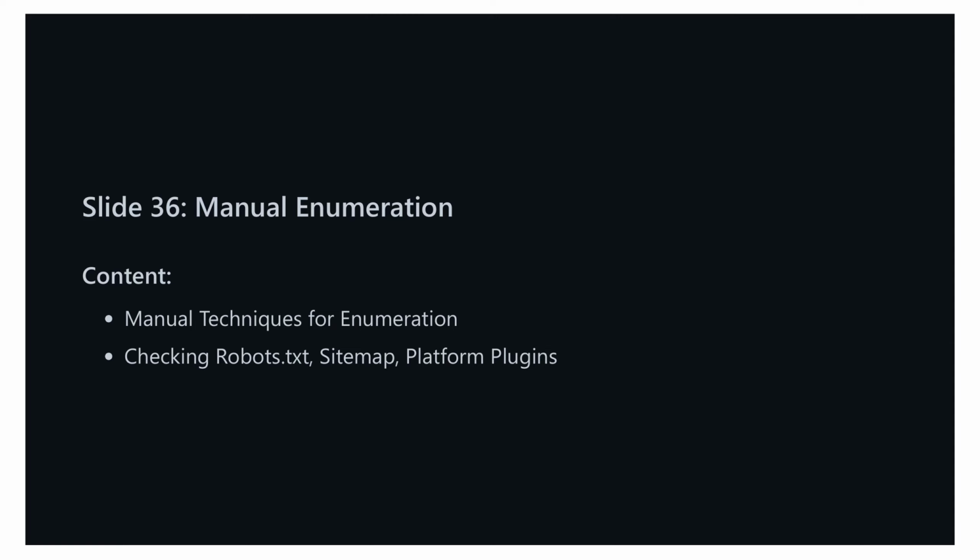For instance, examining the robots.txt file and the sitemap can provide insights into which parts of the website are meant to be publicly accessible and which are intentionally restricted. Additionally, identifying platform plugins can help us understand the underlying technology stack, which can be useful for targeted information gathering or vulnerability assessment. Next up, we will look at some example commands to perform these manual enumeration tasks.